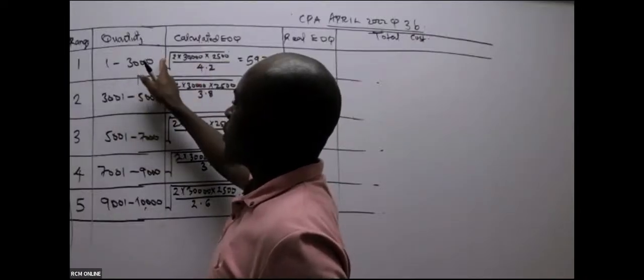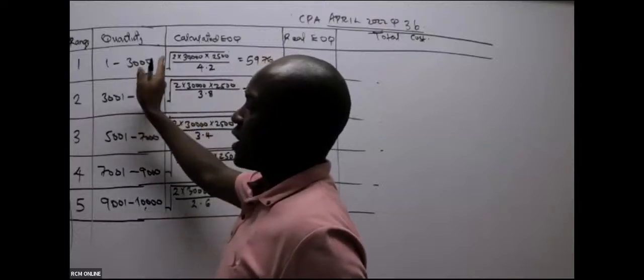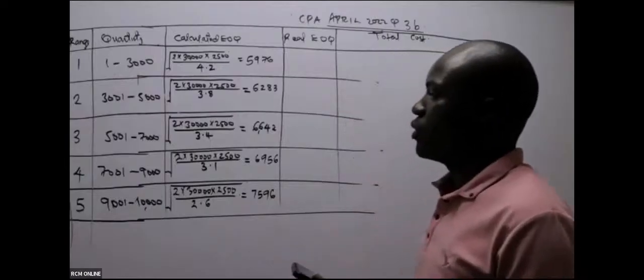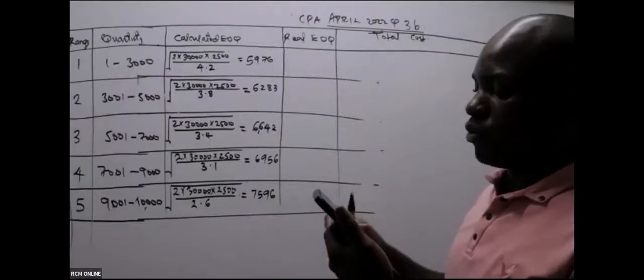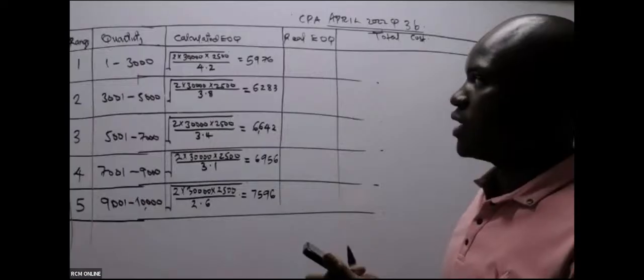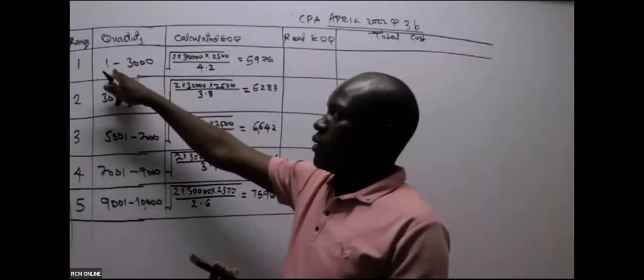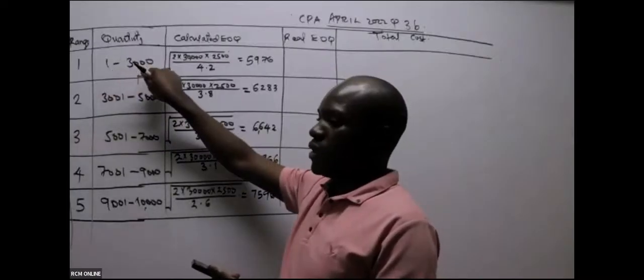Anything above, you will not be given a discount under this particular range. Now, my question is, for you to be able to get a discount or purchase these goods at 21 shillings per unit, you must purchase at least 1 unit and a maximum of 3,000 units.